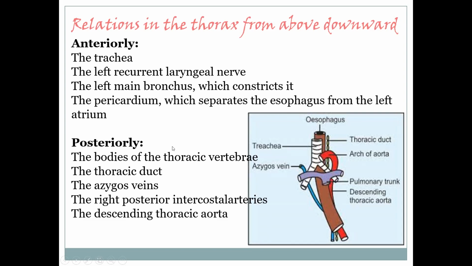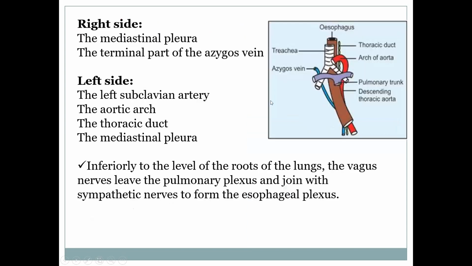Posteriorly, the esophagus relates to the bodies of thoracic vertebrae, the thoracic duct, azygos vein, right posterior intercostal arteries, and the descending thoracic aorta. On the right side, it has the mediastinal pleura and the terminal part of the azygos vein. On the left side, it has the left subclavian artery, aortic arch, thoracic duct, and the mediastinal pleura.